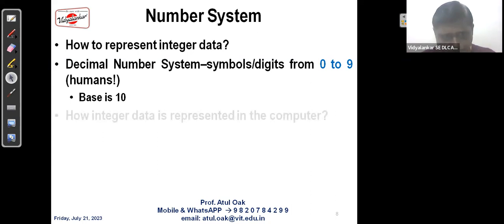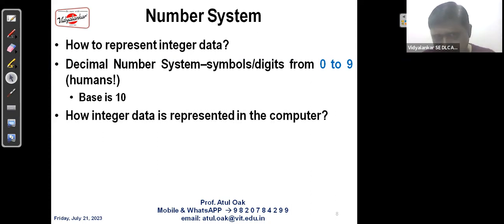Like that, how is my data represented in computer? Because now we are very clear, we know what is a computer, we know how we talk data as a human.